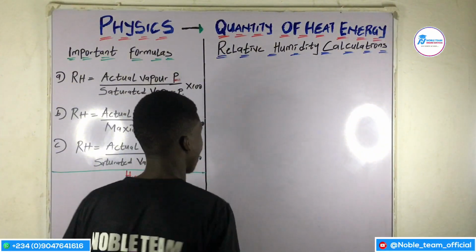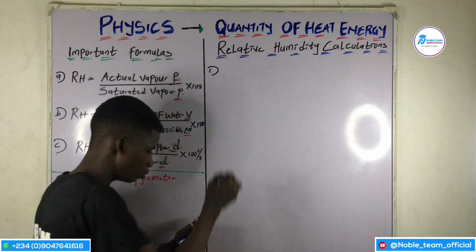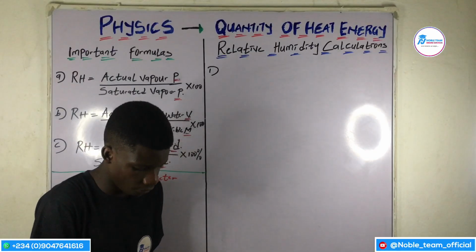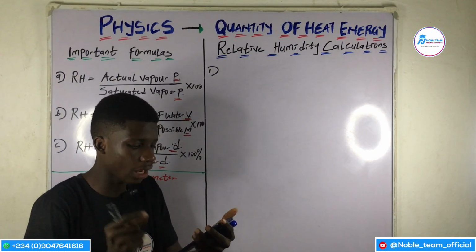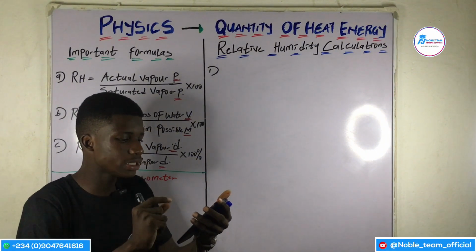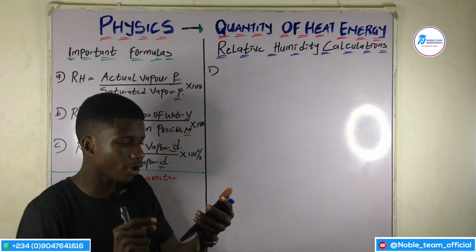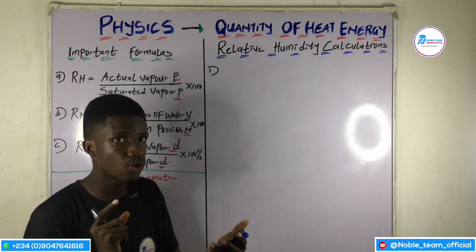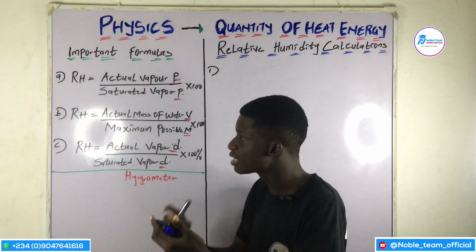We are being asked to get relative humidity. This is how to solve this kind of question. The question says in this town at 20 degrees Celsius, so go to that table and trace 20 degrees Celsius. At 20 degrees Celsius there is 17.5 millimeter mercury.